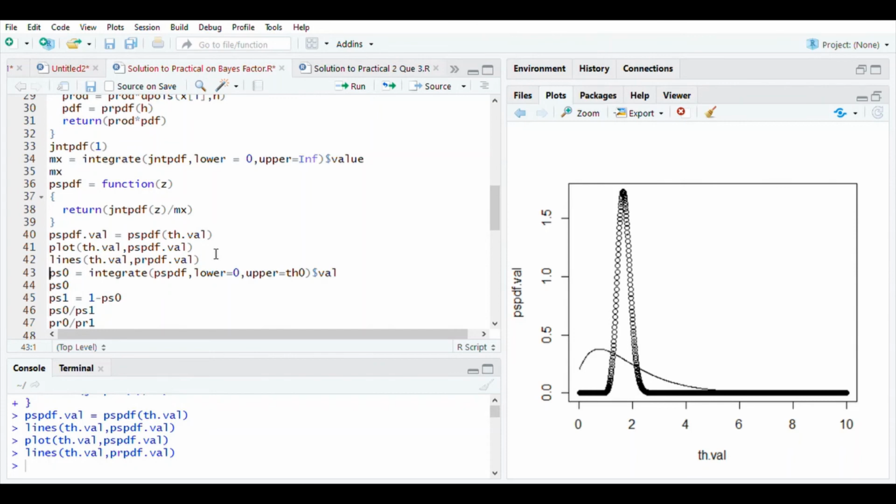So why has such a huge change occurred? That is because the sample size is relatively large. It is 30. So the sample values are going to dominate the structure of the posterior distribution. Because 30 x values were observed, the posterior distribution will depend more on the conditional distribution of x given theta than on the prior distribution of theta.